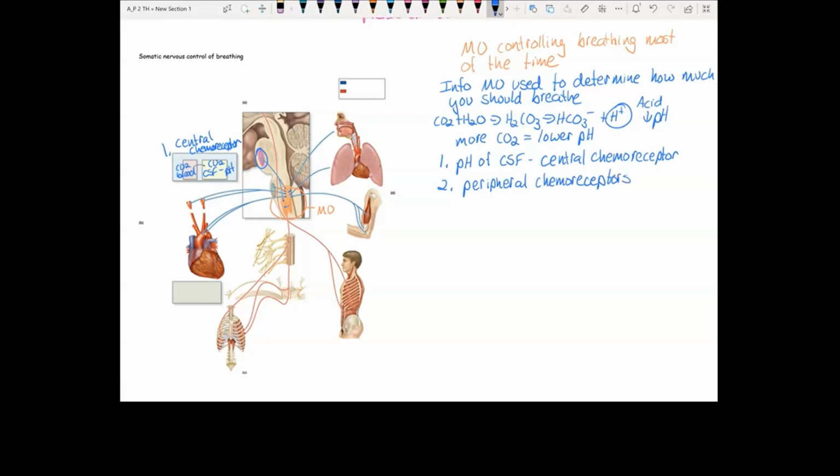So think back to chapter 20. We covered these already. They are right here in your carotid and here in your aorta. So these are number 2. And they detect the pH, carbon dioxide, and oxygen of your blood.